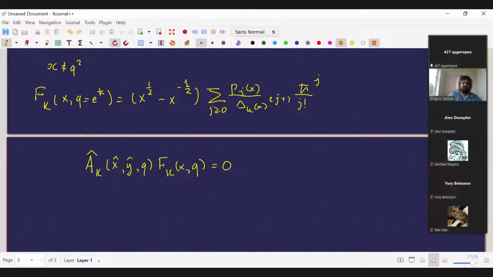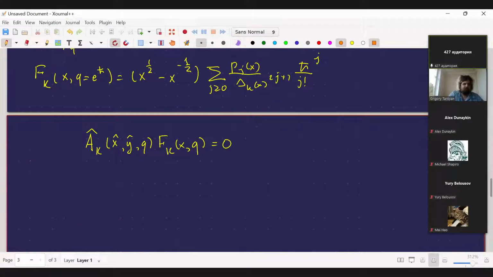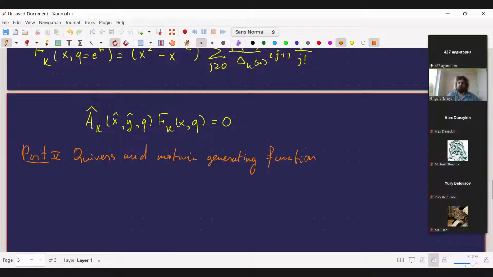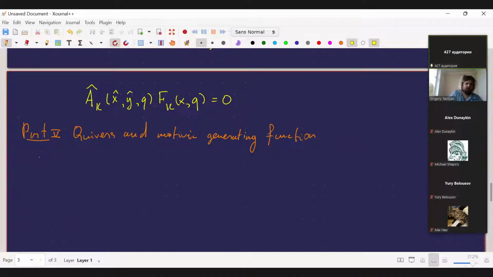Okay, so quivers and the motivic generating function. Assume that we have a quiver with vertices Q0 and arrows Q1. Let C_ij be its adjacency matrix. I recall that the value of this entry is precisely the number of arrows from i to j.